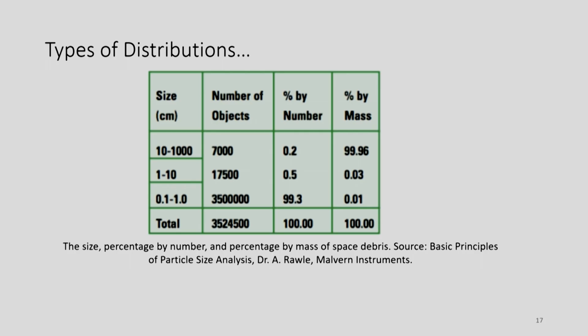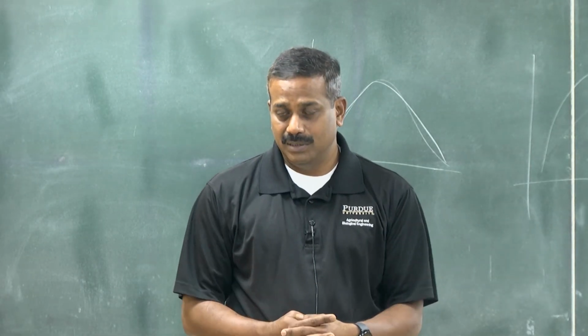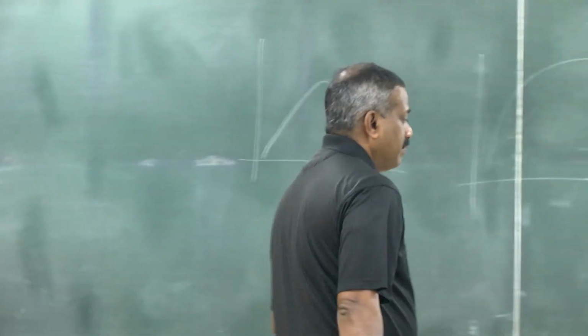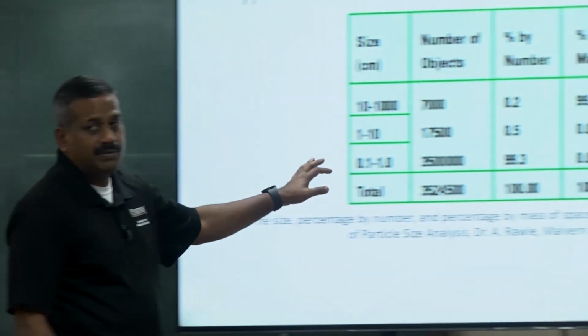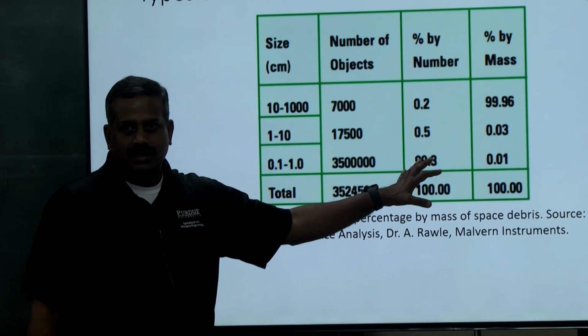But by percentage of mass, you can see the larger particles will have a higher frequency or higher percentage, right? So if you are using different distributions, your results will also be different. As we know, the type of instrument that we use will define the type of distribution, but comparing different distributions may not give the same results. Okay, just as an example.